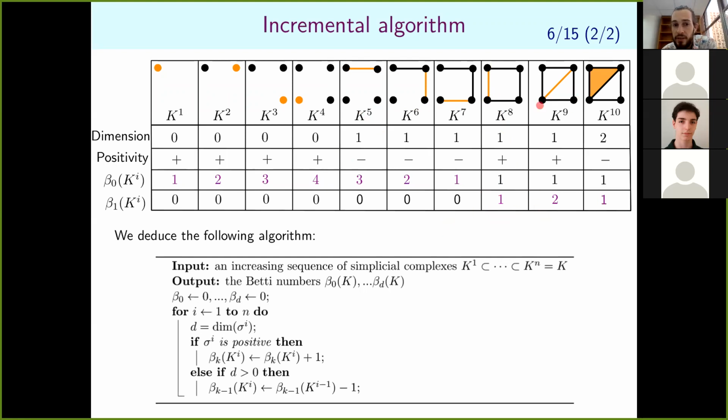Then I add this diagonal edge. You can show that it is positive, so you increase beta 1 again. And then I add the triangle. You can see that it is negative, and so you decrease beta 1. All right. And at the end, you get the homology of your simplicial complex. Beta 0 is equal to 1, and beta 1 is equal to 1.